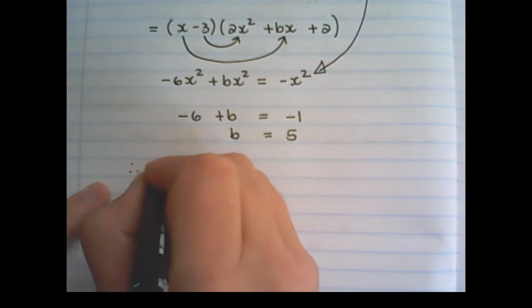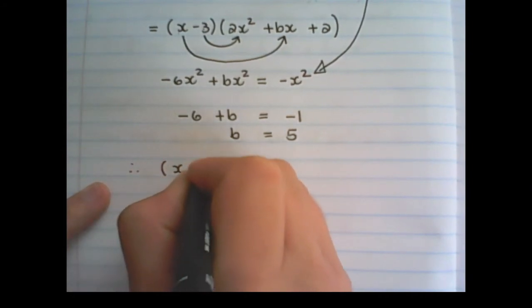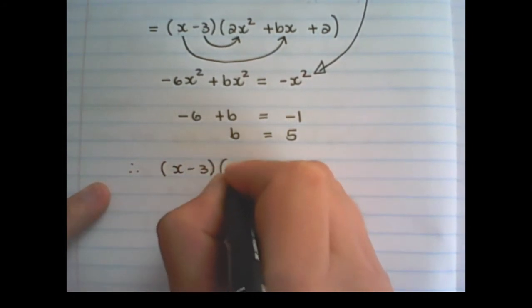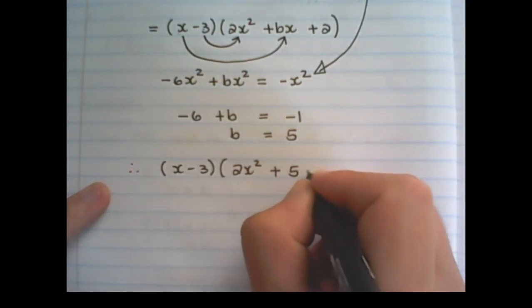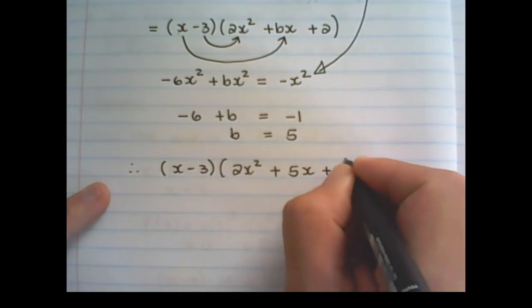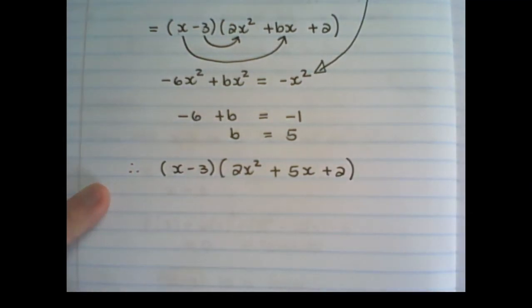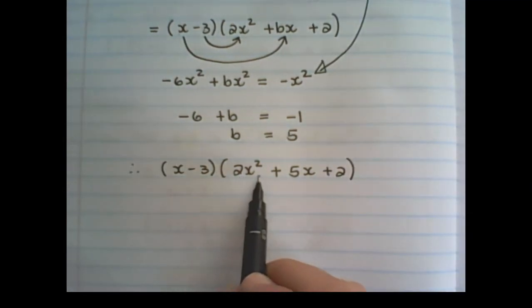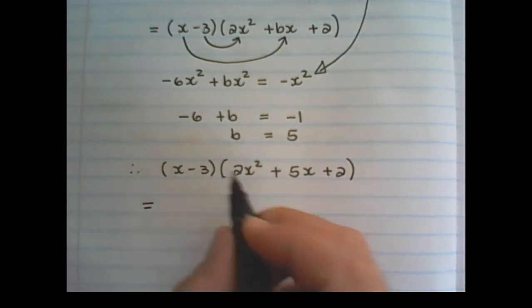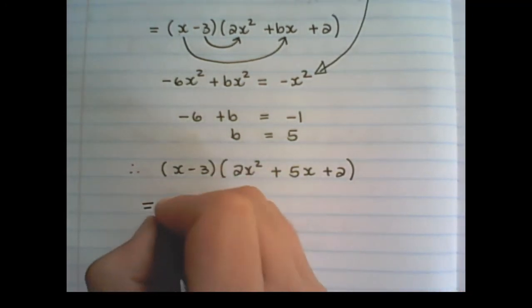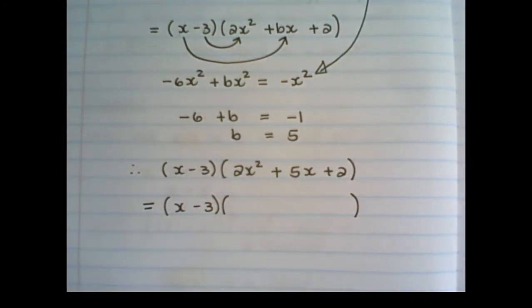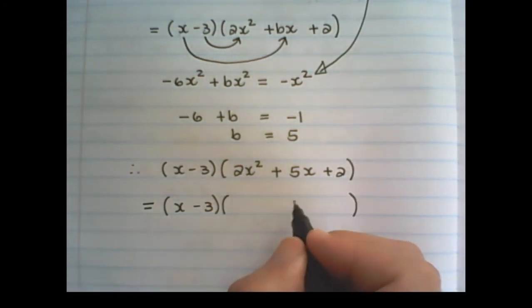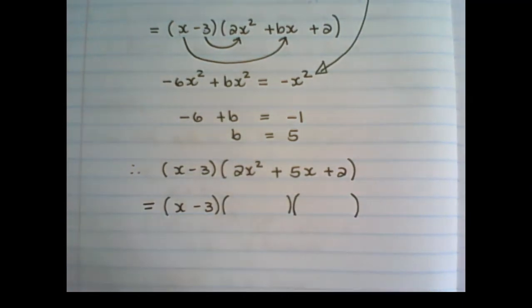So therefore we have x minus 3 times 2x squared plus 5x plus 2. But always look if you can factorize further. The second bracket is a trinomial, and I can factorize this trinomial further.